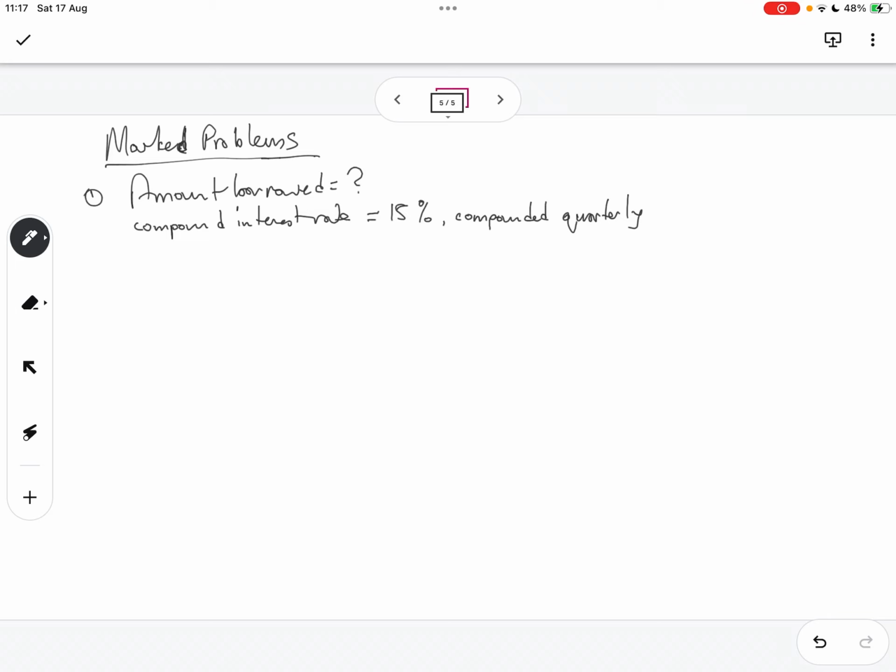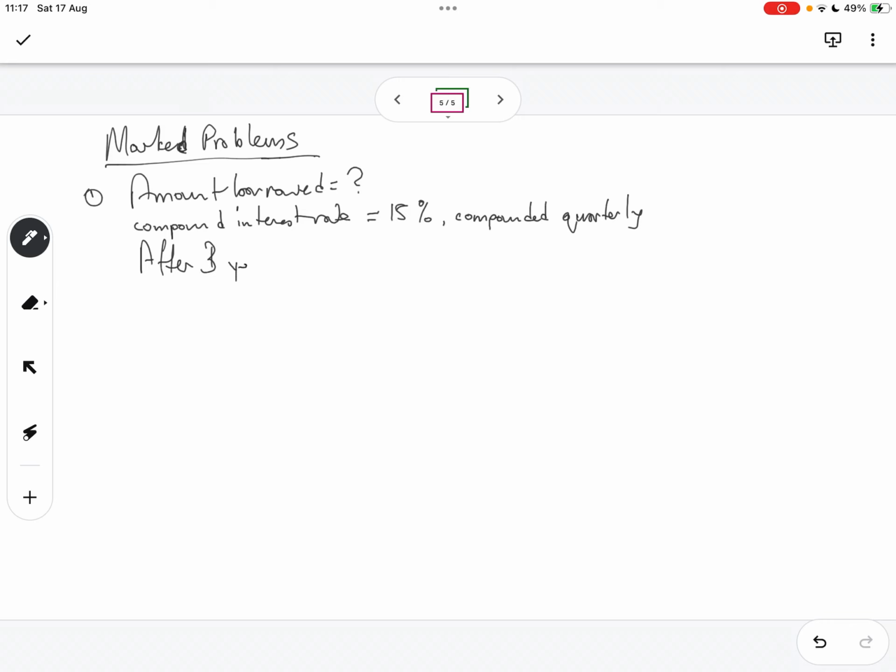Remember that thing about compounding at different times within the period of a year? So compounded quarterly, remember, it will be divided by 4 or something in 4 parts, because there's 4 quarters in a year.